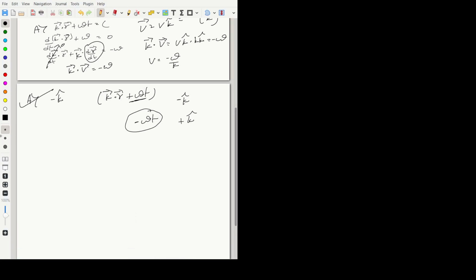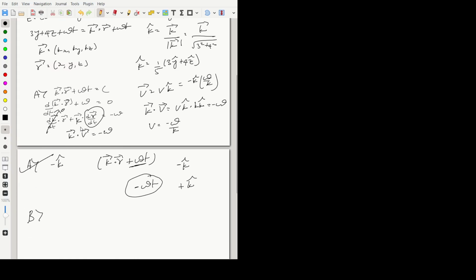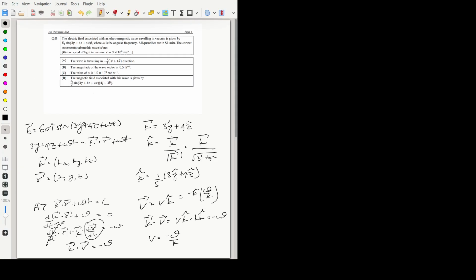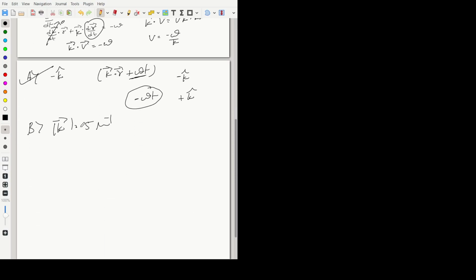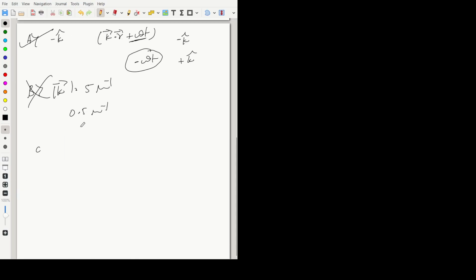Anyway, moving on to question B. They're asking me the magnitude of the wave vector. I've already determined it. What I got was 5 meter inverse, whereas they've said it's 0.5, which is incorrect. And they ask me the value for omega, the angular frequency. It's just c times the magnitude of k. How did I get this?